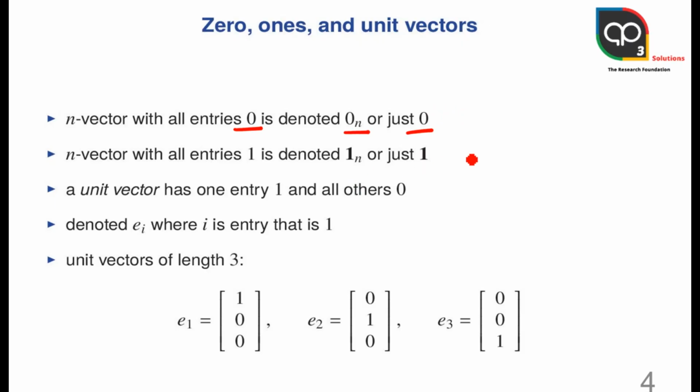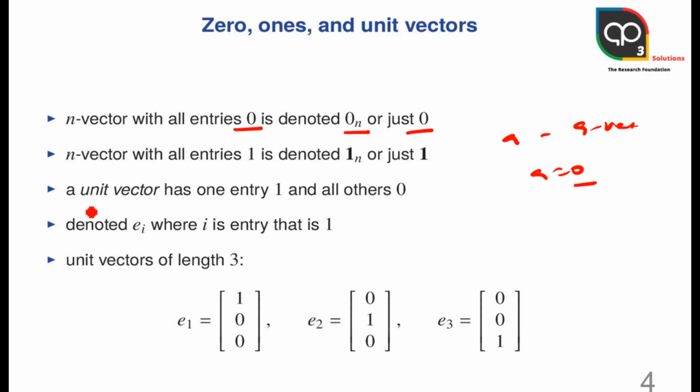As a simple example, if a is a 9-vector and we are told that a is equal to 0, the zero vector on the right-hand side must be of size 9. Even though zero vectors of different sizes are different vectors, we use the same symbol 0 to denote them, because it can mean different things depending on the context.